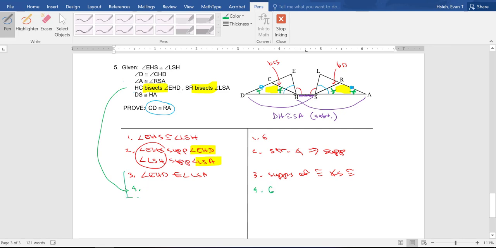And combining steps 3 and 4, I know these green angles right here, this one and this one, must be congruent to each other by division property. So it's going to be angle CHD is congruent to angle RSA by the division property.